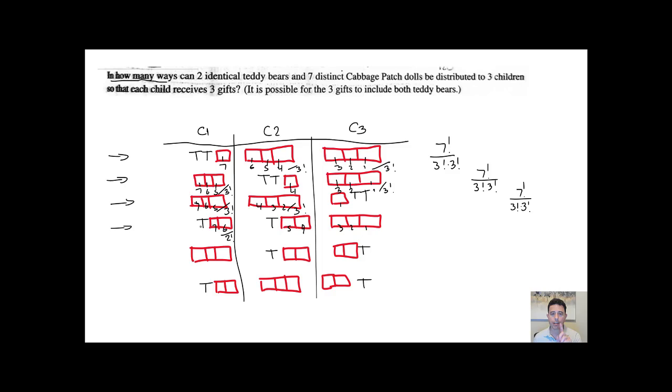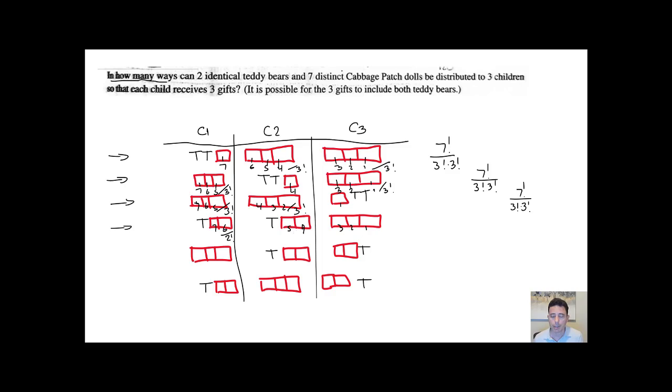In this case, child number 1 has 1 teddy bear. So that child has a spot for 2 distinct dolls. So when we put the 2 distinct dolls in there, if we switch those 2 distinct dolls, it's the same, right? It doesn't change the distribution. So the order doesn't matter. But because I have 2 spots, I divide it by 2 factorial.